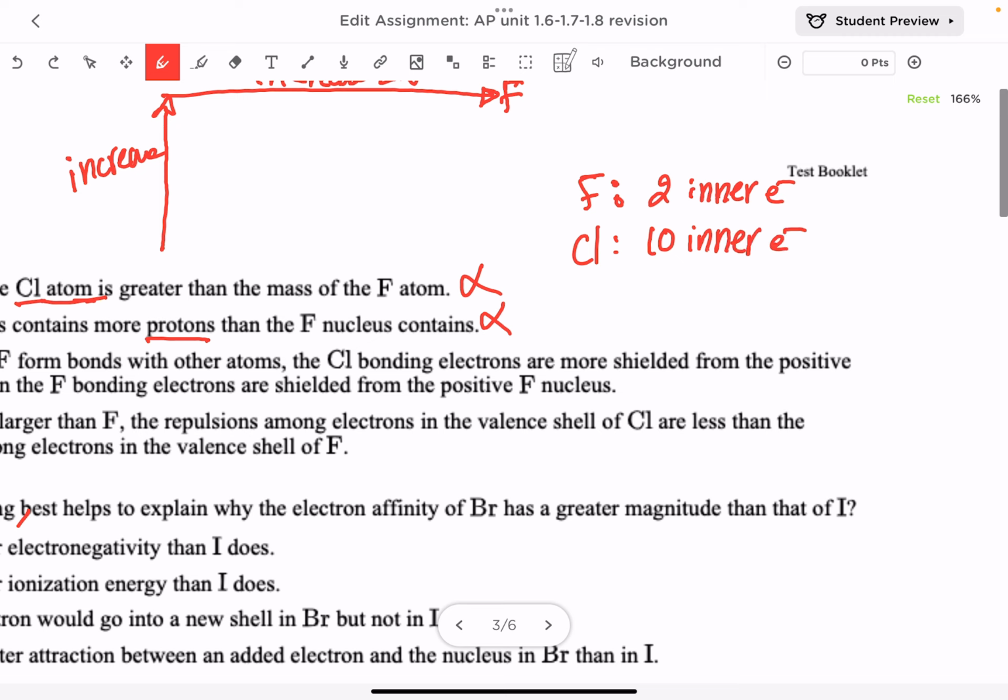Therefore the electrons in Cl are more shielded from the attractive pull of the Cl nucleus, whereas the 7 valence electrons of F are more affected by the attractive pull of the nucleus, and F has more tendency to attract electrons.